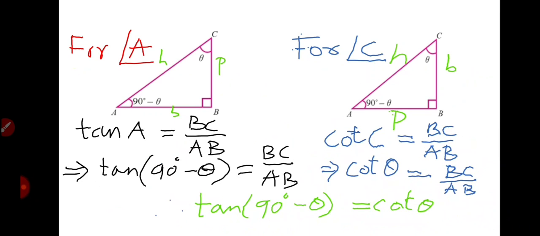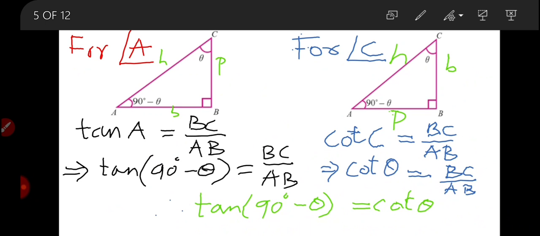So next, the same triangle. For angle A, P is BC, the base is your AB, and the hypotenuse is your AC. For angle C, the base is BC, AB is your perpendicular, and AC is the hypotenuse.